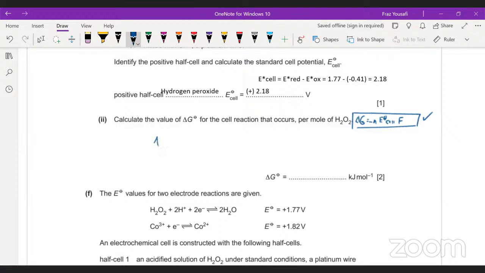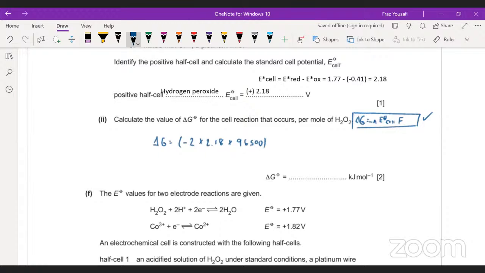So let's go ahead and plug in the values that we know. There are 2 moles of electrons that are moving through the circuit. We said that the voltage was 2.18 volts. And we know that for 1 mole of electrons, the amount of electrical charge is 96,500 coulombs.